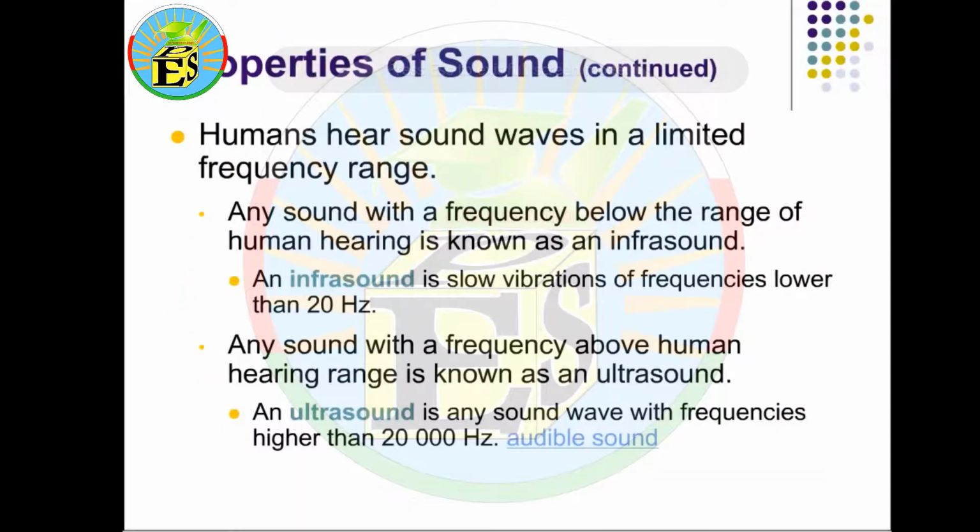Properties of sound. We continue with the properties of sound. Humans hear sound waves in a limited frequency range. Any sound with frequency below the range of human hearing is known as infrasound. We take another word in light. When we study light, there is infrared, and ultraviolet.